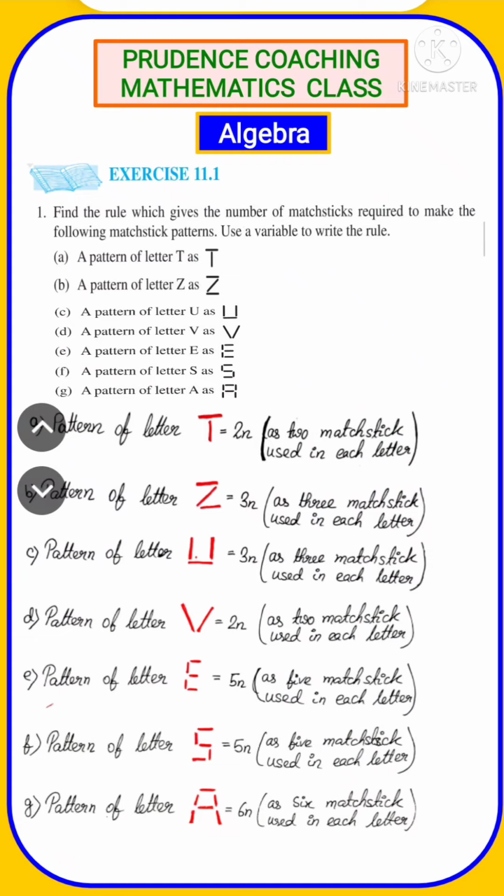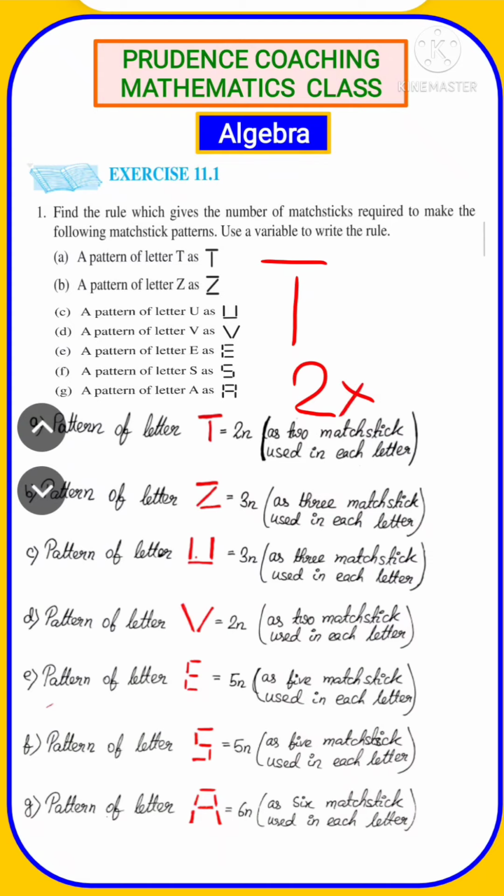Now if I ask you to form a rule for the pattern T, and we need to use a variable because we don't know how many T's we are going to draw, then what will be the formula or the rule for finding out the number of matchsticks? We know 2 matchsticks are required, and how many T's are formed, we don't know.